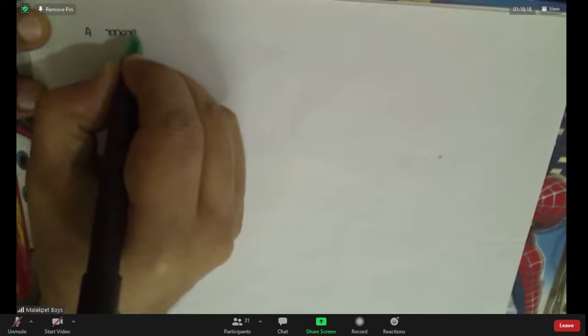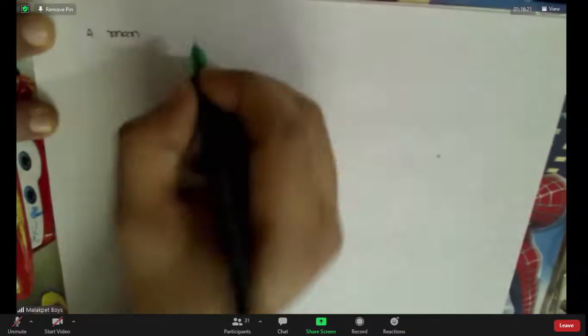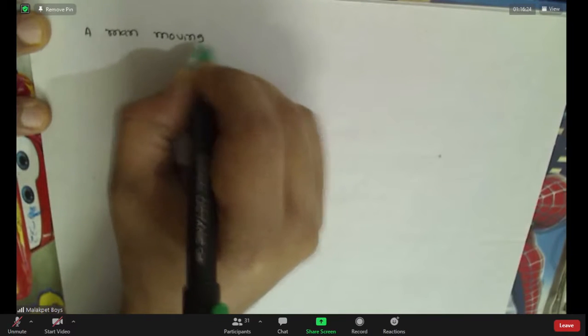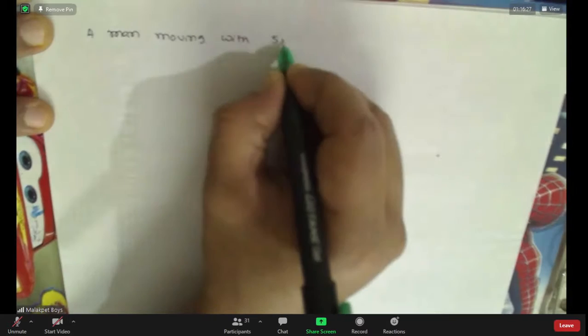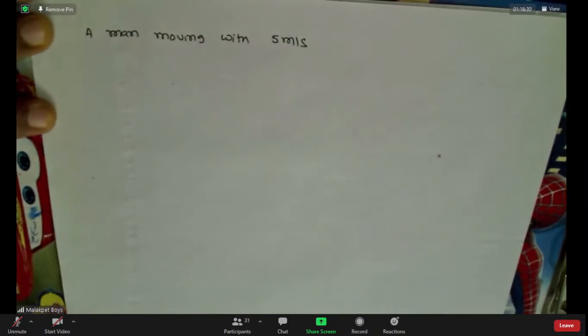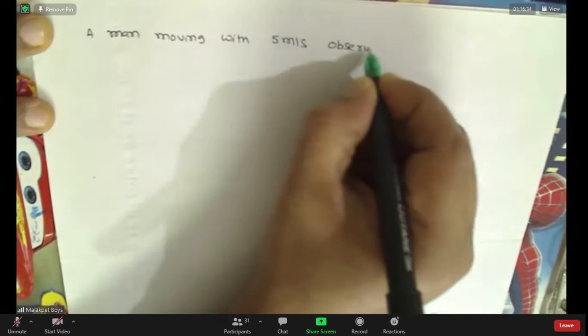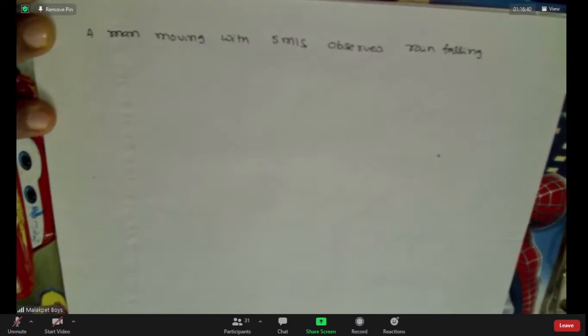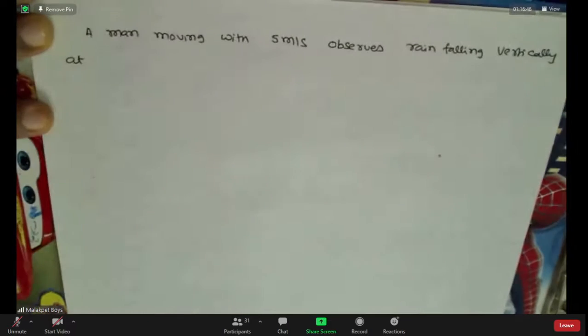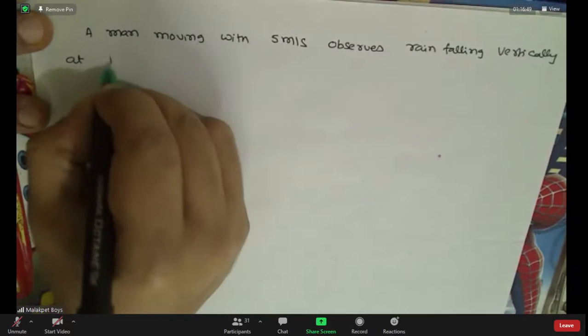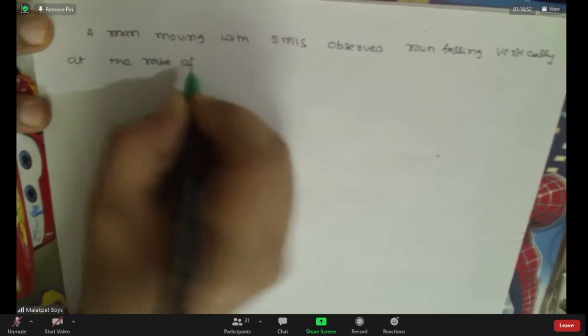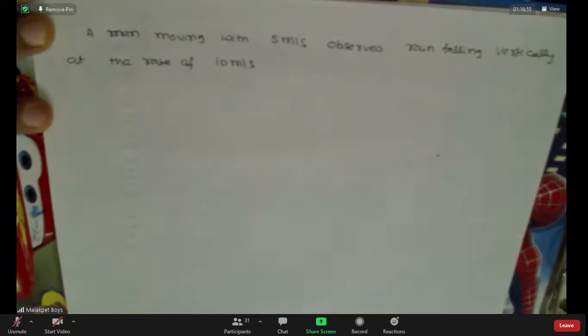Suppose he gives a problem: a man is moving, observes rain falling vertically.